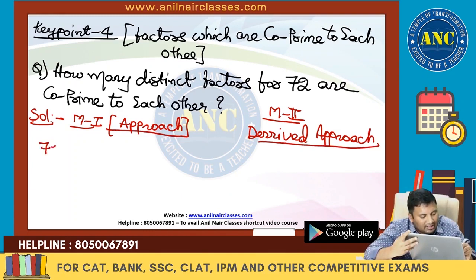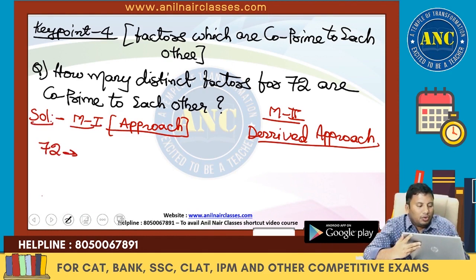Suppose I take 72. What are the factors of 72?